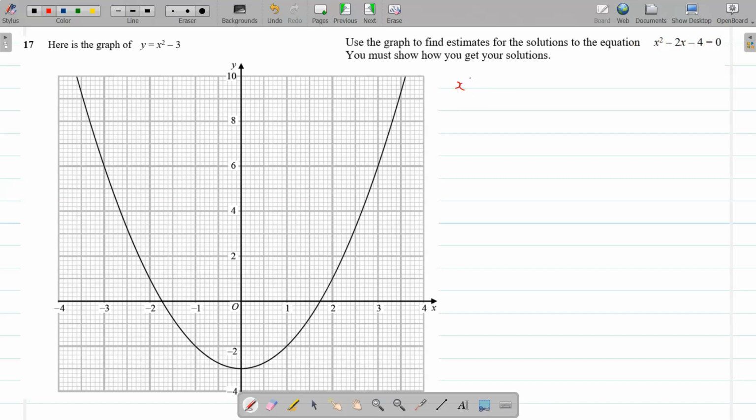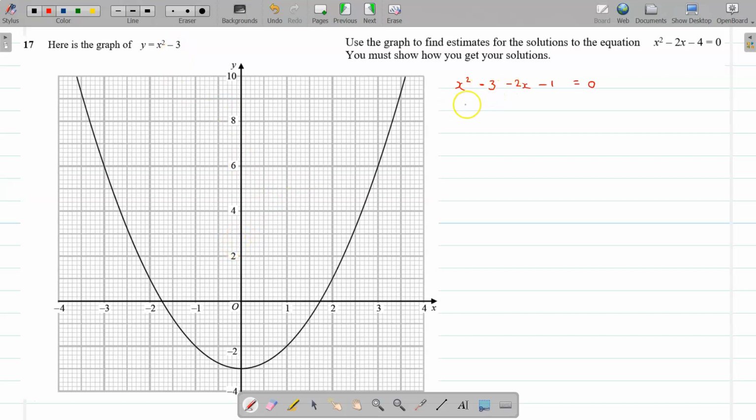is I'm going to say, okay, x squared minus 3 minus 2x minus 1 also equals 0. And why have I split it in that way? Because I started with what I see over here, x squared minus 3, which is the graph here.